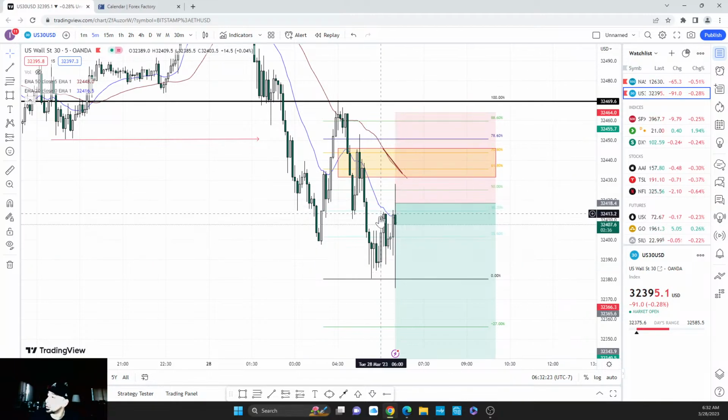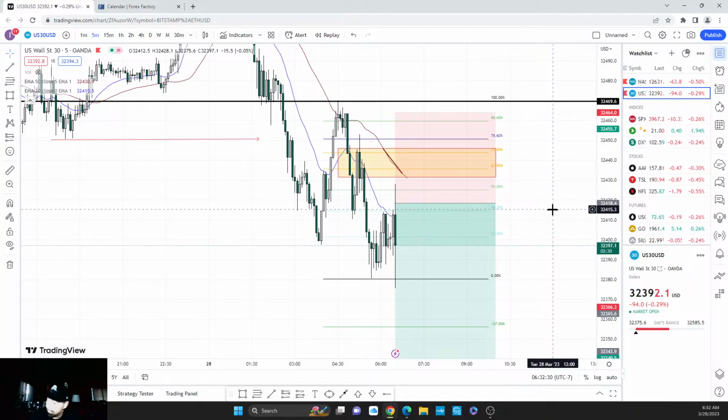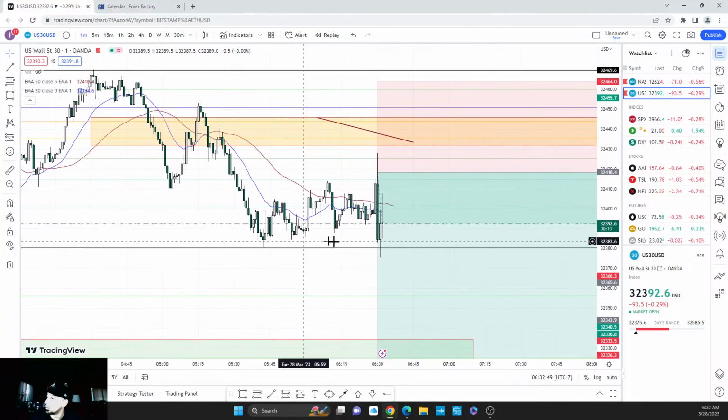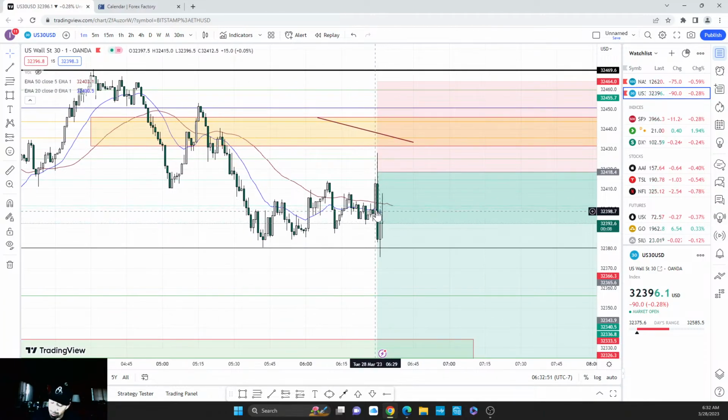So we're on the 5 minute here. Just kind of holding on for dear life right here, but 17 seconds, it can still pull up. Let's see if it can stay down, stay bearish, rejecting these, and we'll be in business. But if it pushes up like this, then I won't like it.